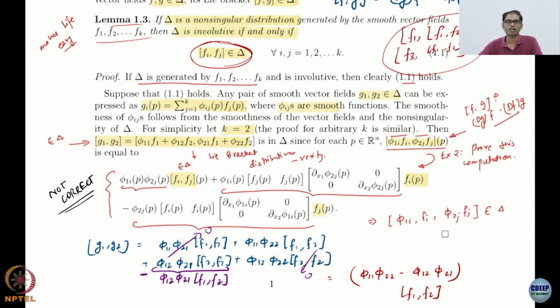If you suddenly want to jump from one point P to another point P prime, and you go from a 3-dimensional distribution to a 2-dimensional distribution, because it is singular, then this phi will undergo a rather drastic change.